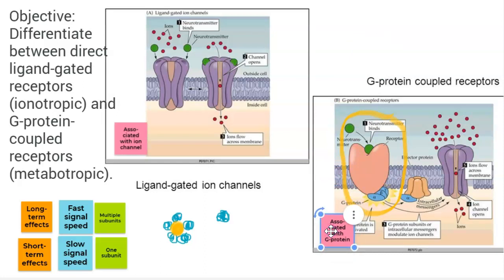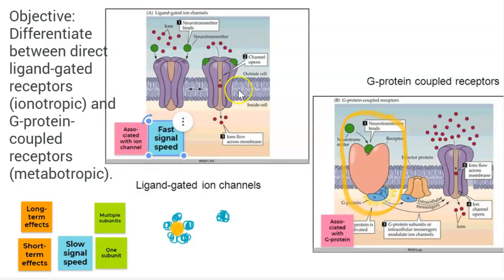And then the ones that are a fast signal speed, if you happen to remember, I said that when the neurotransmitter binds the ligand-gated ion channel, it opens, and then you get a change in membrane potential. That's a pretty quick signal. So the ligand-gated ion channel is a fast signal speed because it opens, and that's the response.